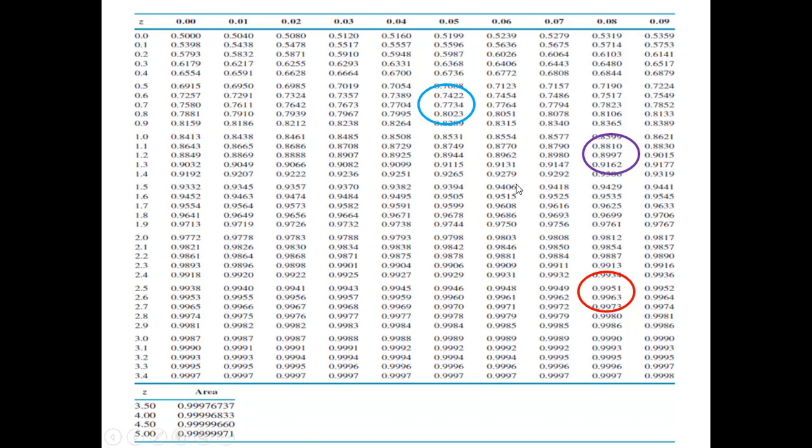And if we start looking at these values, we start getting close right around here. Here's 0.9015, but you see this is really closer, 0.8997. So we would use this row, 1.2, and then the second decimal is 8. So I would use 1.28.